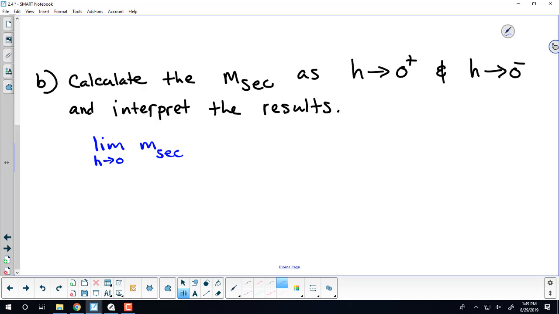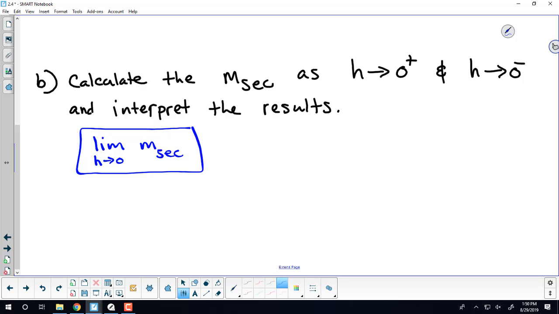Well, it's not going to be 0. Let's ignore what we're doing in this problem altogether. If I attach a limit to the slope of the secant line, the average rate of change, what will that give me? The slope of the tangent line, or the instantaneous rate of change, right?